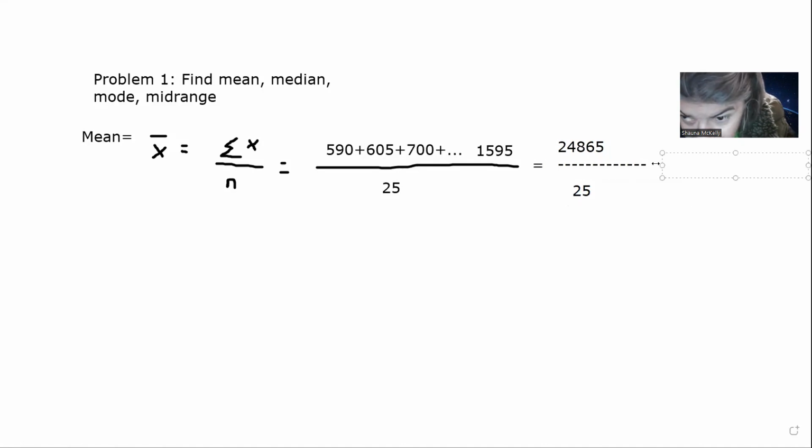And that division comes out to be 994.6.